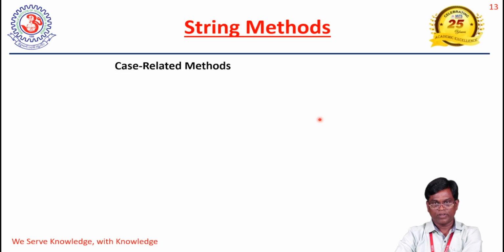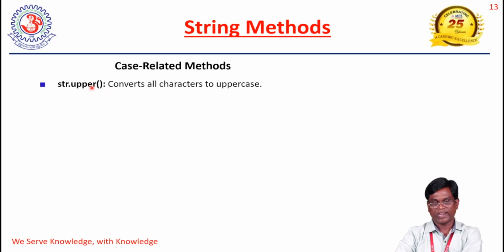Now we'll move to another topic, string methods. Previously we discussed functions that we can apply on strings, and these are some important methods which we can apply on strings. The first category we are going to discuss is case related methods. We use them like this: str.upper.